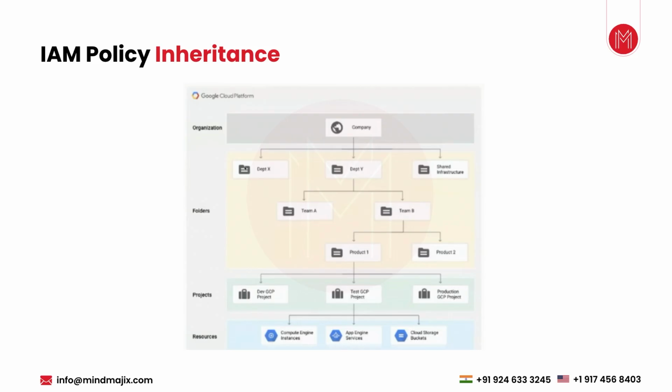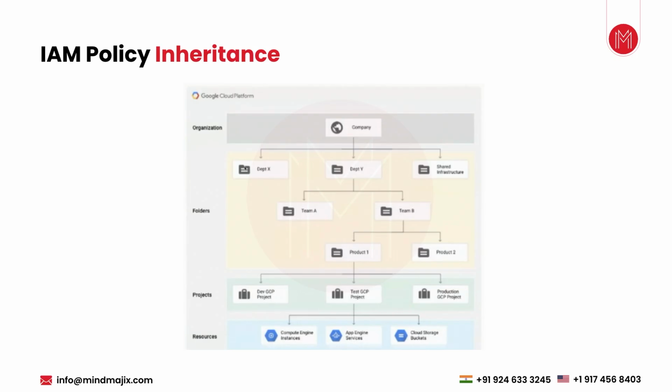The policy will get inherited by all child resources. Whatever access you get at the project level, all the child resources also get the same access. If you get viewer access here, you can view everything under the test project. If you get owner access, you get ownership on all the resources.